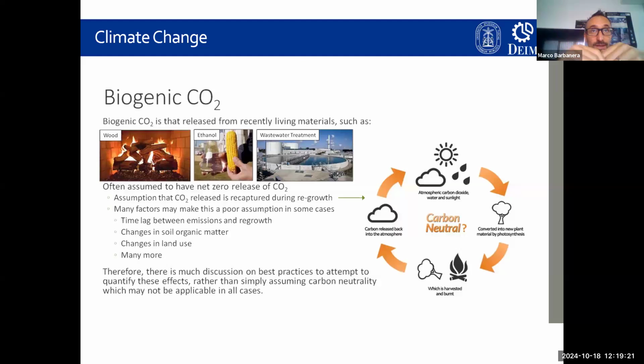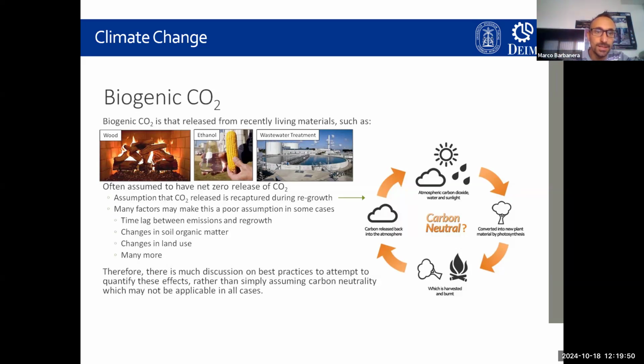If we put organic waste material into a landfill, from the landfill we have the production during the years of an amount of methane due to the anaerobic digestion process inside the organic material.